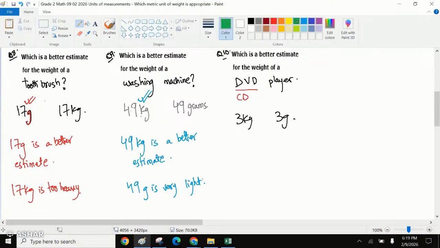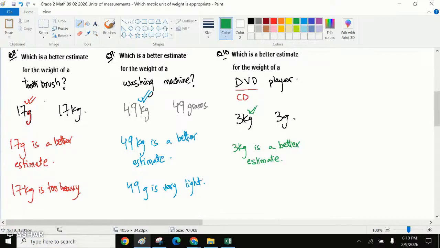So we can say that a DVD player is like a TV. TV has to be big, right? So we can say 3 kilogram is a, now they do not have DVD players anymore, right? I just did this question just to explain to you. DVD player. Player means like an audio box, like a DJ box, right?